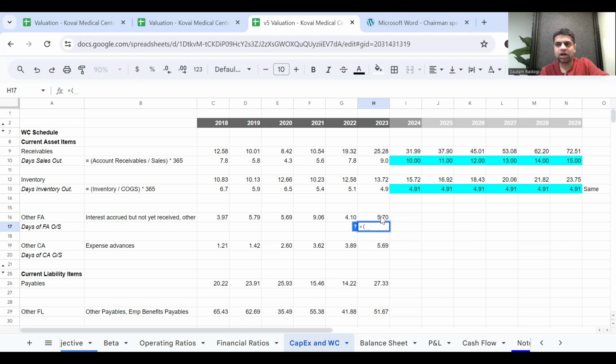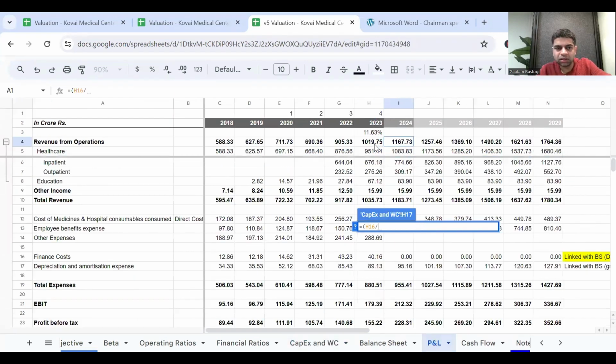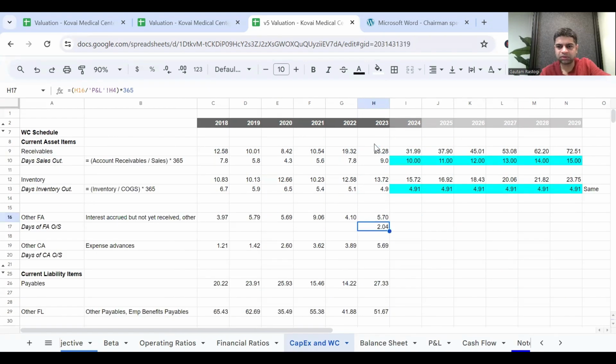It's not an industry term per se, but I need a ratio, a metric, and then use that metric to project other financial assets in the future. So other financial assets divided by sales from operations times 365. And I would just pull this to the left.